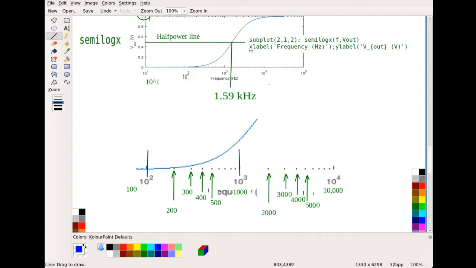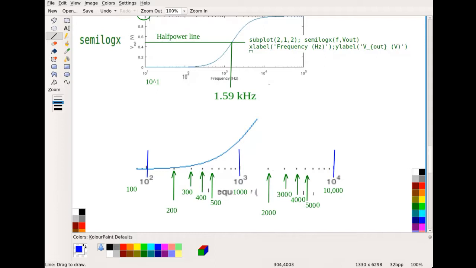And then we have 2,000, 3,000, 4,000, 5,000, 6,000, 7,000, 8,000. And this value here would be 9,000. And then this is 10,000. Okay, so that's what these tick marks mean in here.